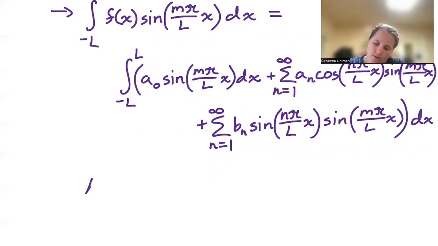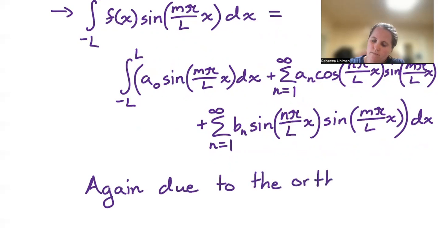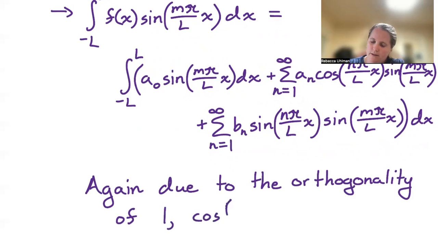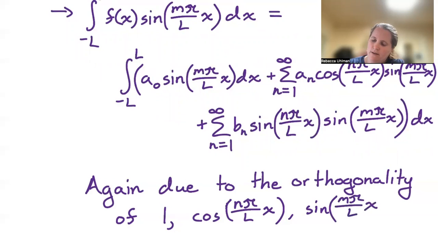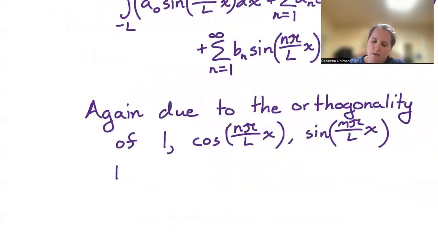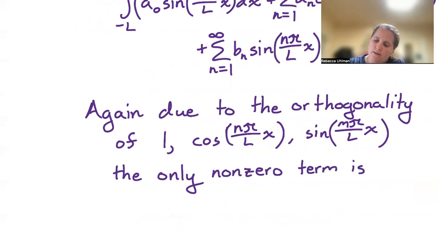So again, due to the orthogonality of the functions, the orthogonality of 1, cosine n pi over L x, and the sine functions m pi over L x, the only non-zero term on the right is the sine term with n equals m.